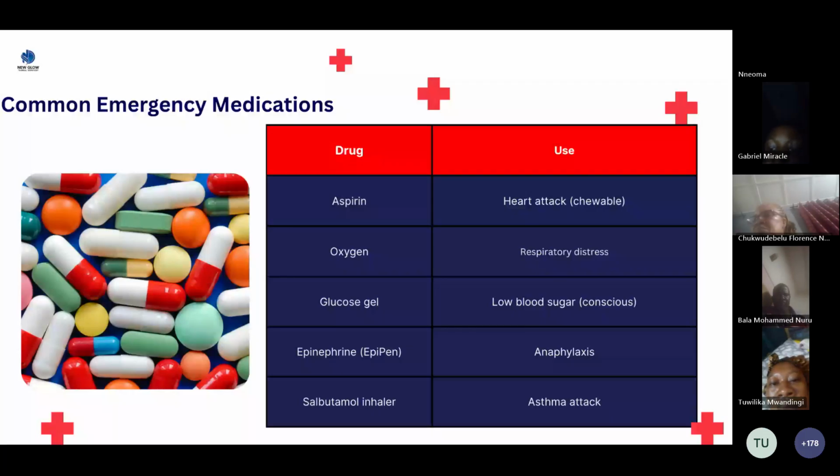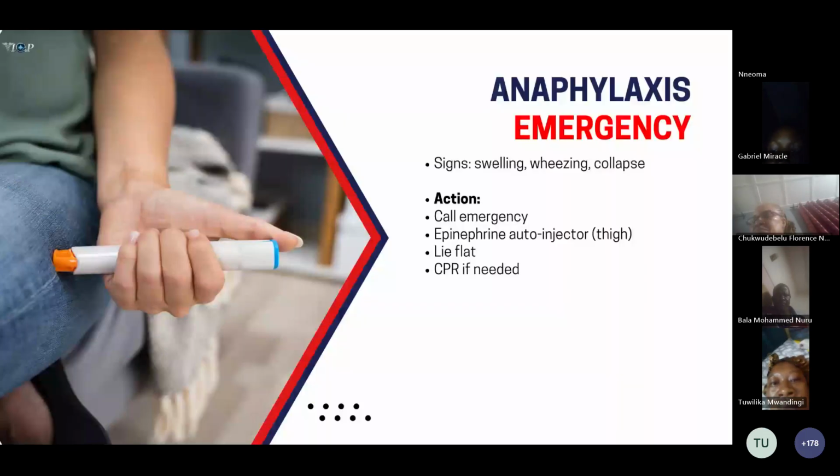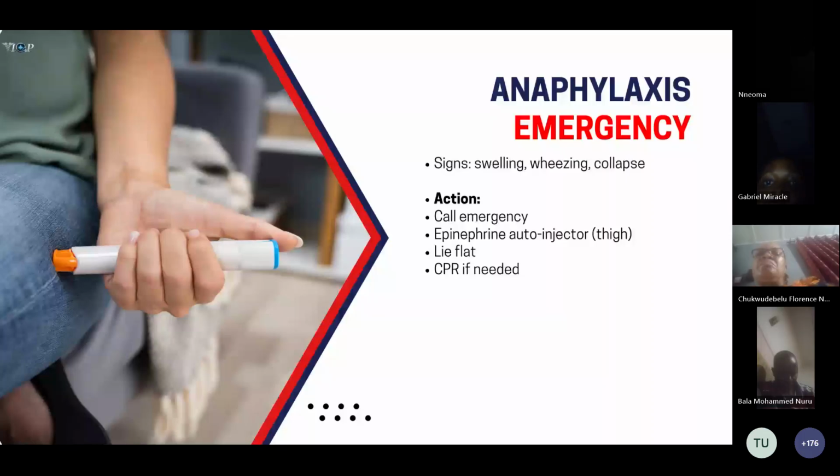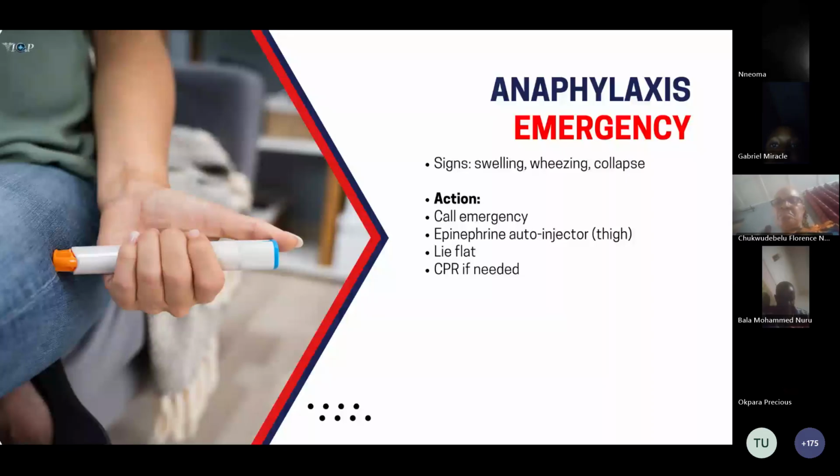So I explained something called anaphylaxis. Now, someone asked, what's the difference between anaphylaxis and allergic reaction? It depends on the context you're talking about. There are some people that will just sleep on something and then their skin starts itching and all. Anaphylaxis is way bigger than that, right? And these are the signs.